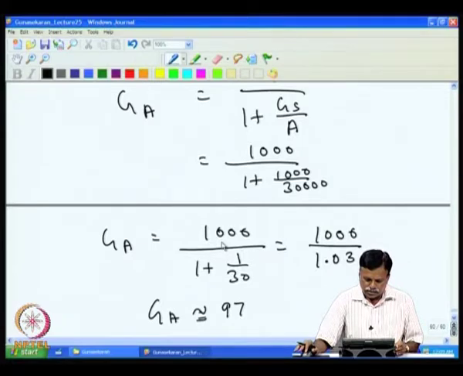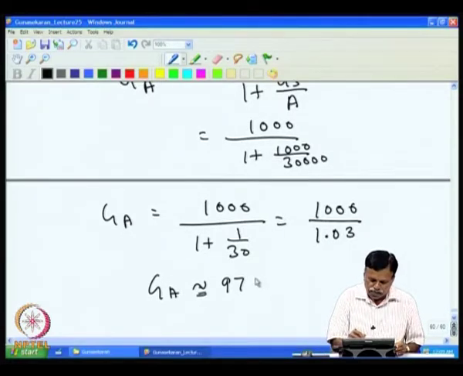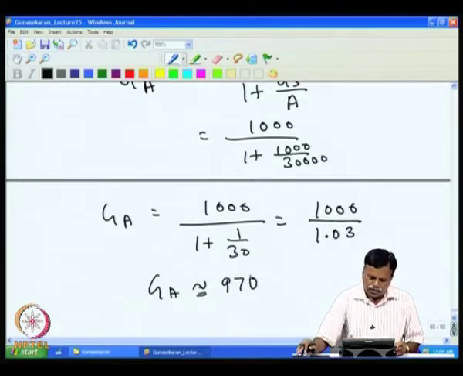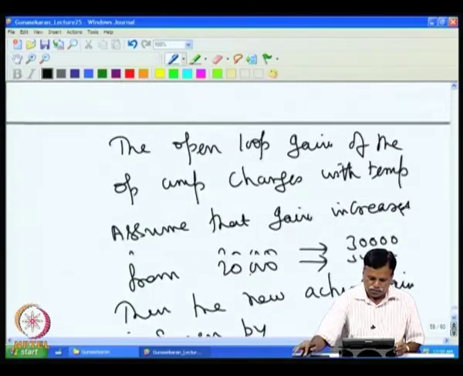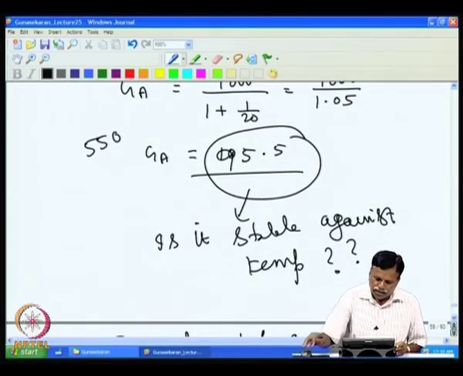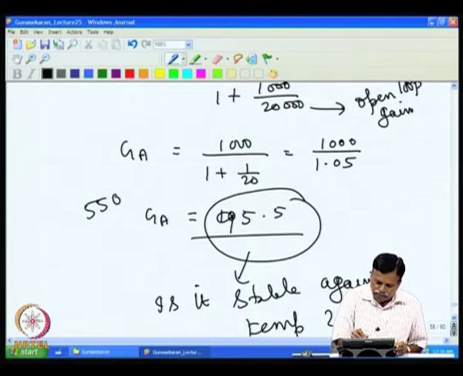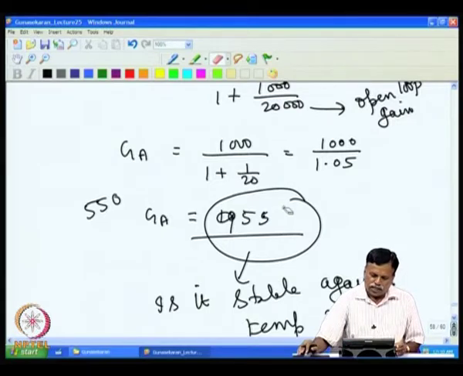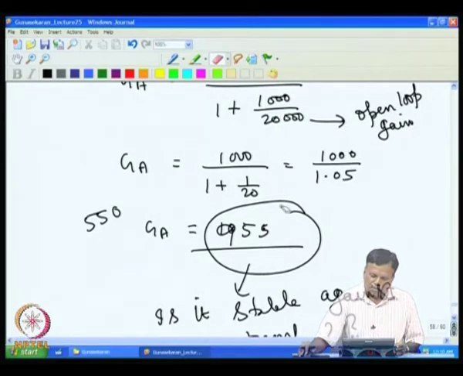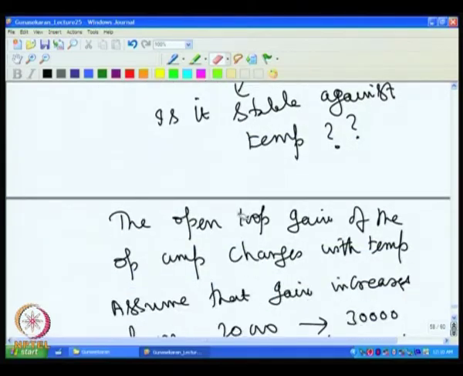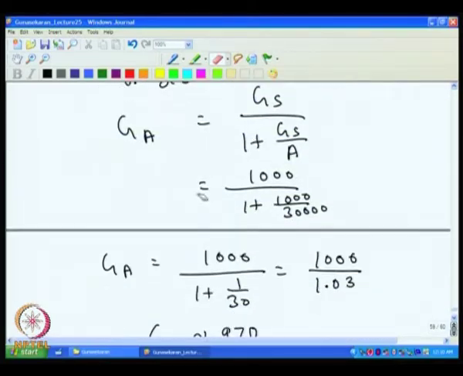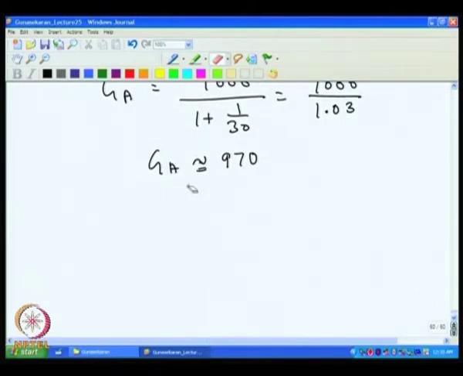Actually, this becomes 970. Here also this is to be 955, the actual gain would be 955. So the gain supposed to be 1000 became only 955 in this case, and here it became 970. That means the gain has drifted from 955 to 970.